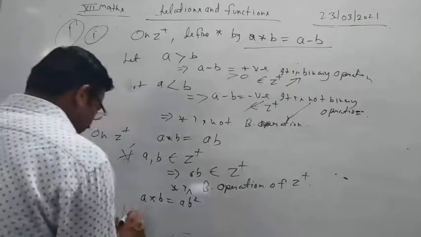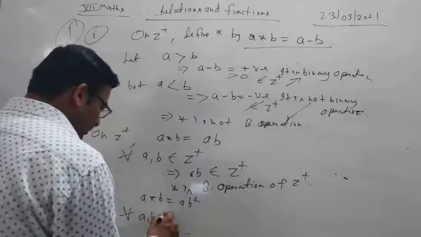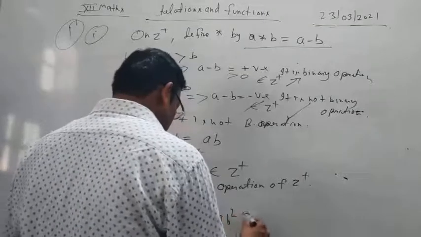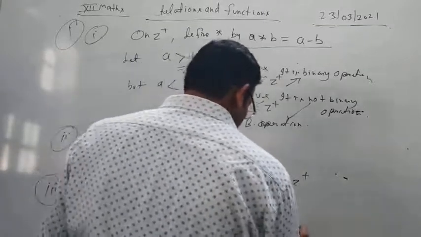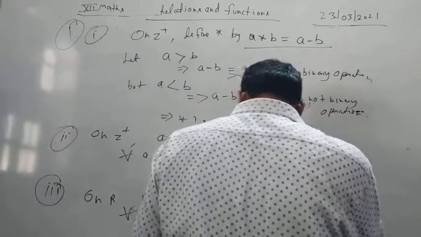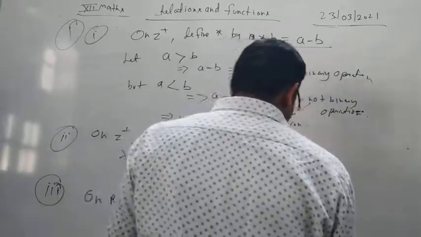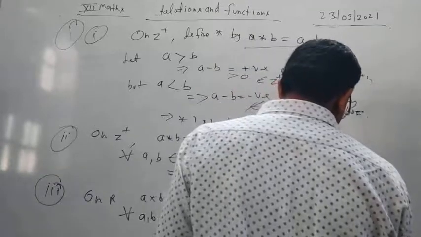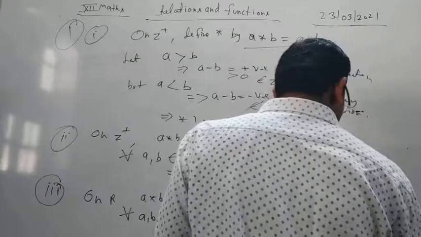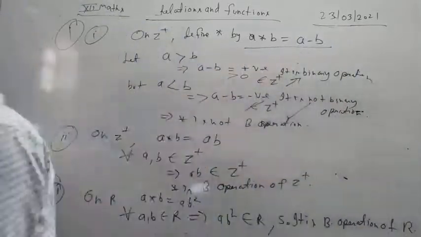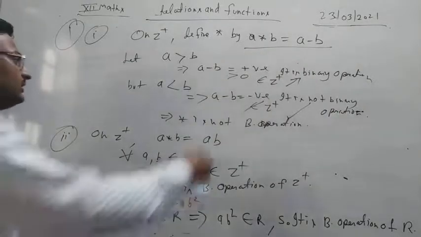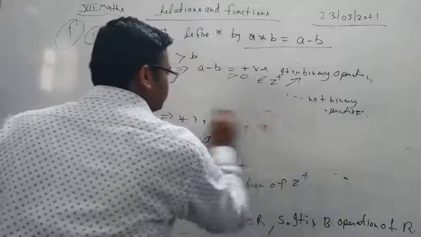So students, for all A, B belonging to R implies AB square belongs to R. So it is a binary operation on R. Okay, I hope you understand students. Now we see some other question.